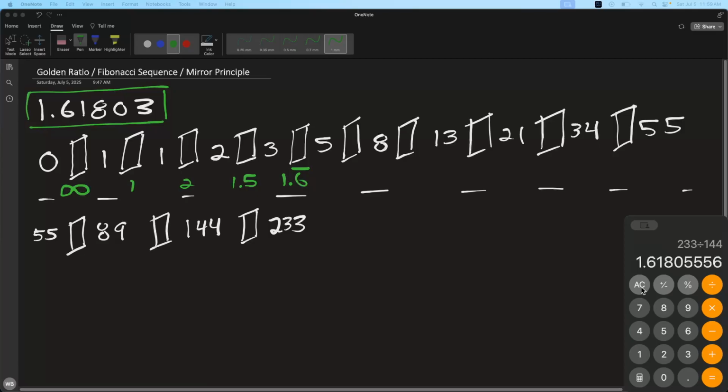I could keep drawing this out, actually. Let's just do it so that we can arrive on the number that I've had a green box around there.